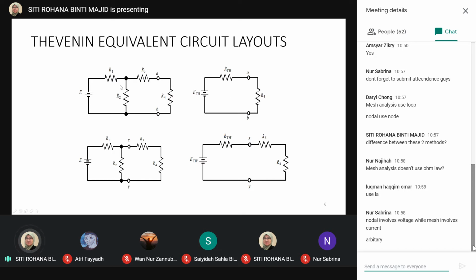You can summarize all the resistors as a Thevenin resistance.